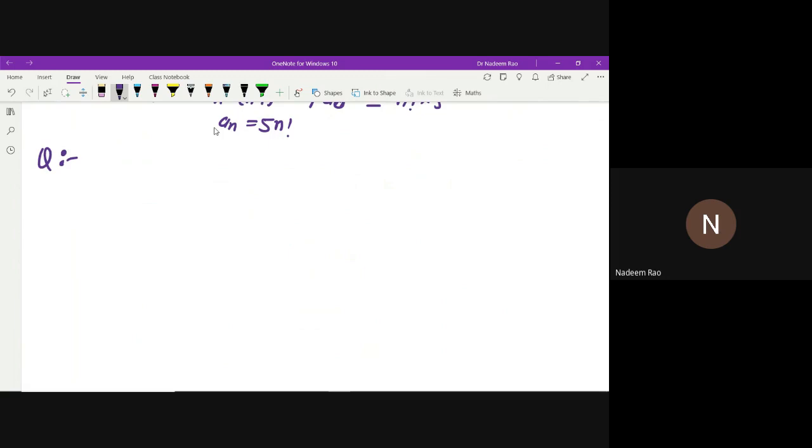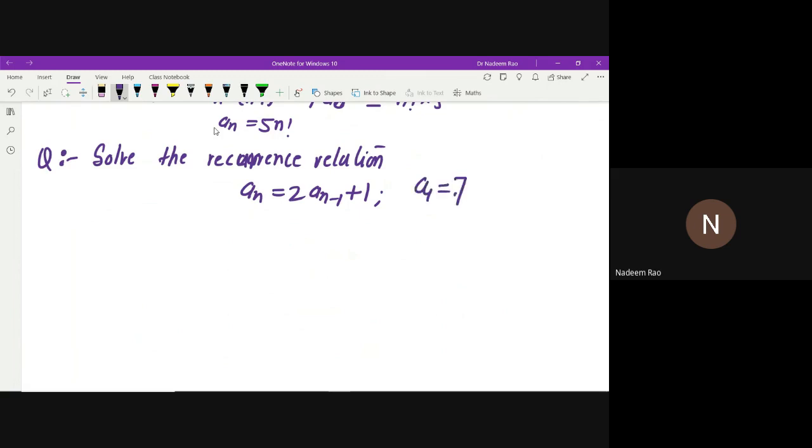Solve the recurrence relation a_n equals 2 times a_{n-1} plus 1, where a_1 equals 7. So how will we solve it?